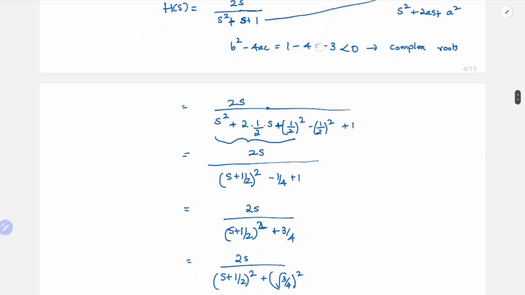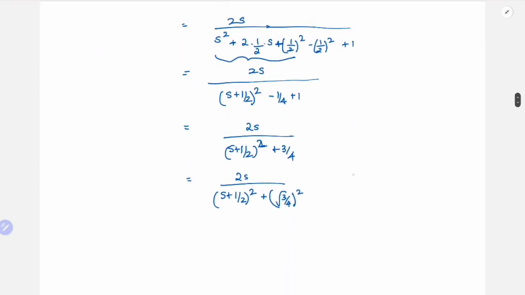But the numerator I also need to take care of. For cos, the numerator is nothing but s plus a, over s square plus omega naught square, that is s plus a whole square. And for my sine, it is just a constant omega naught.